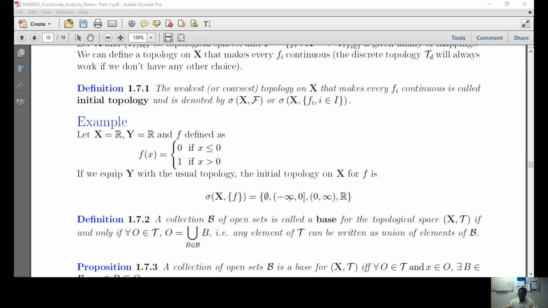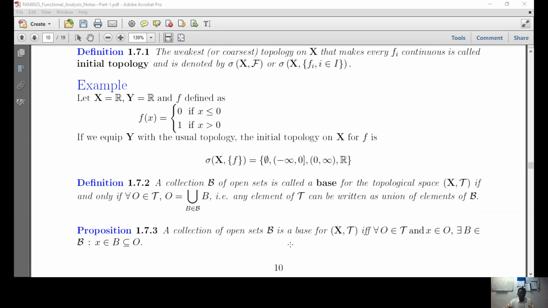It will be defined by these four open sets. And you can verify that indeed this is a topology in the sense of the definition of a topology.